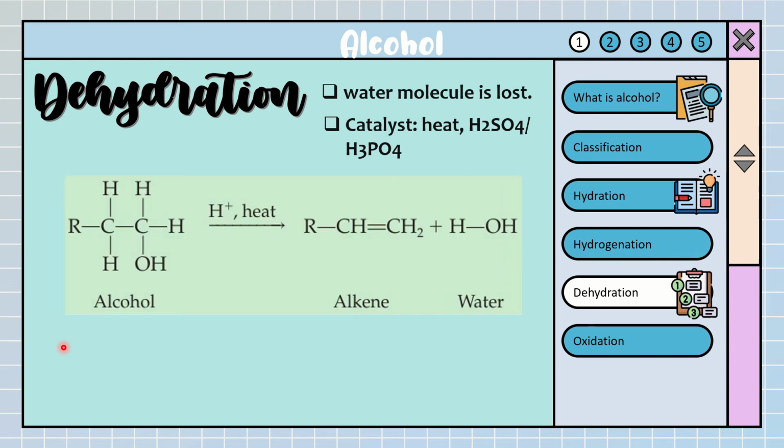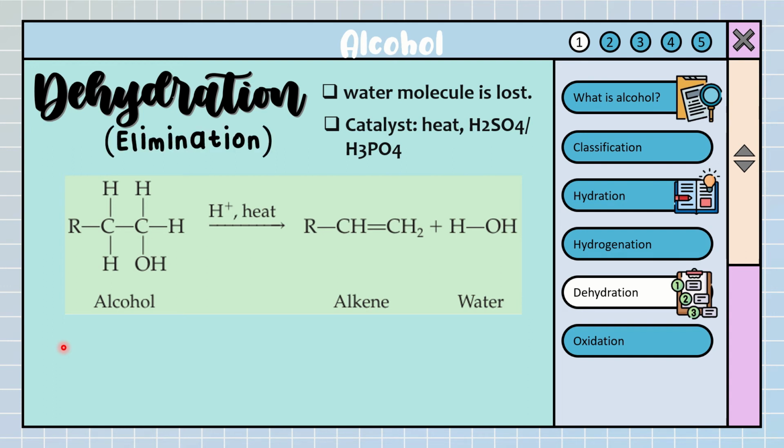In this equation, the hydroxyl group of the alcohol will react with a hydrogen, allowing the double bond to form an alkene and water. Sounds familiar, right? It's more or less similar to hydrogenation, only the process is reversed. Since we are removing the hydroxyl group in the equation, this reaction is an example of an elimination reaction.